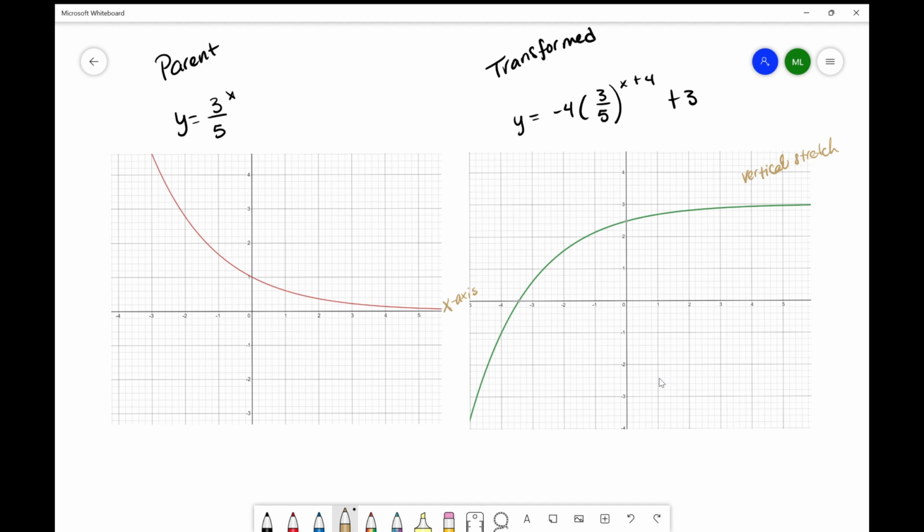And our h was -4, so we shifted 4 units to the left. So here was our shift to the left, 4 units left, and then finally we moved it up 3 units. Okay, so these were the transformations that took place between the parent and the transformed.